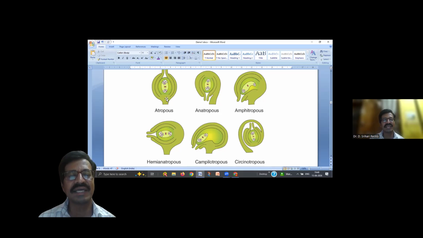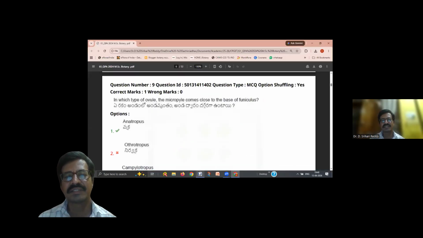The ovule body is arranged straight, that is 0 degrees. But in the anatropous ovule, the ovule body with reference to the funiculus is inverted. It is arranged at a 180 degree angle. So this is the right answer. Anatropous ovule is the right answer.